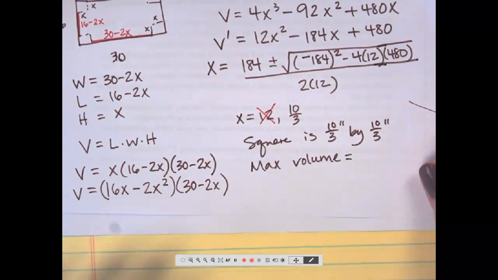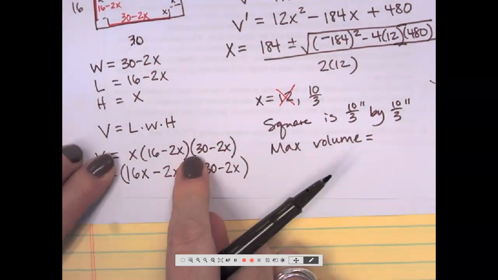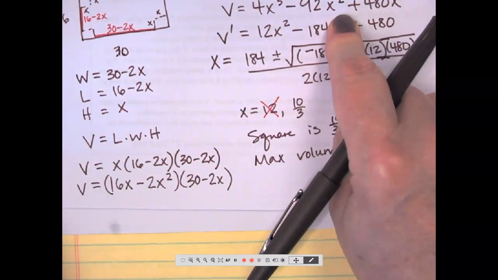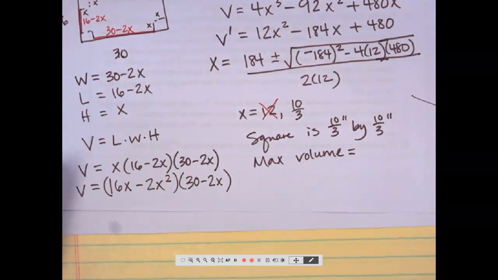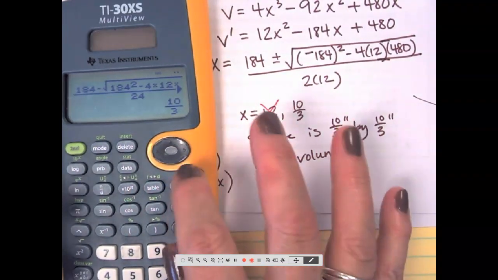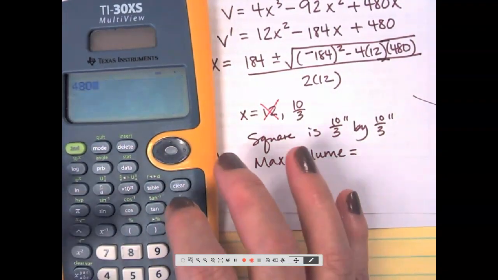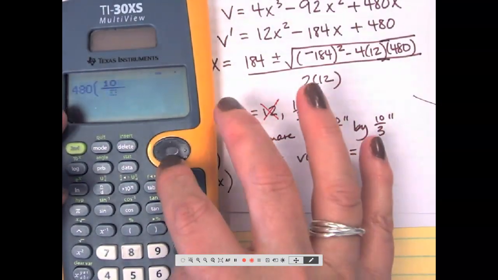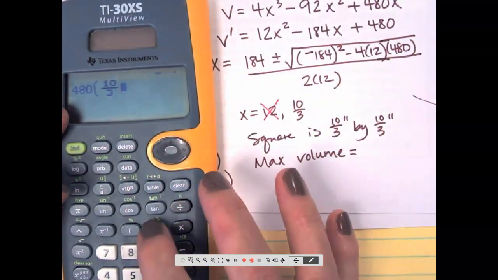Plug it back into the original. I can plug it back in where I had all the parentheses, or where I distributed everything. It does not matter. Use your 10/3. Don't use a decimal for that, because it's a repeating decimal. I'm done.